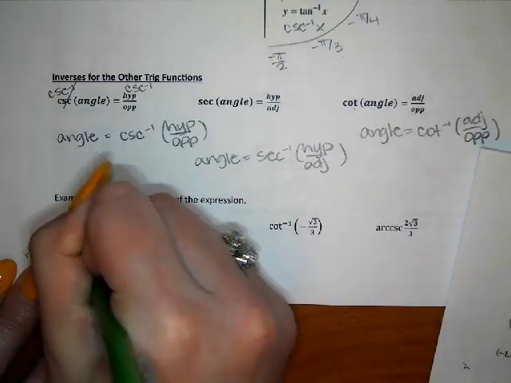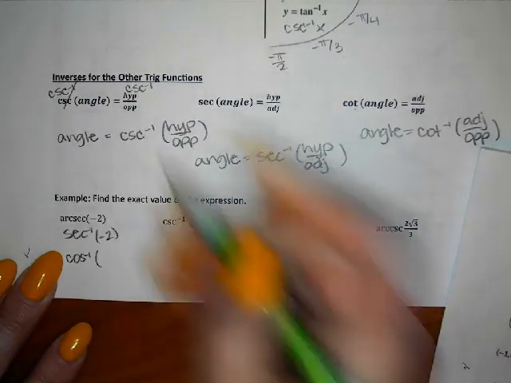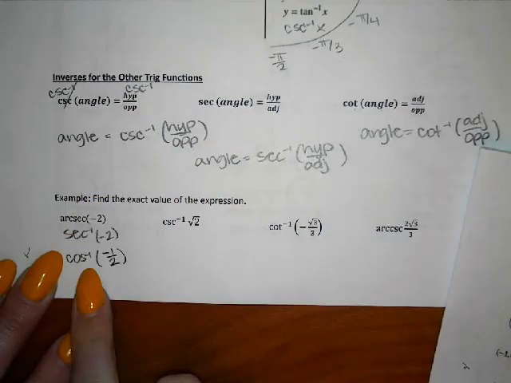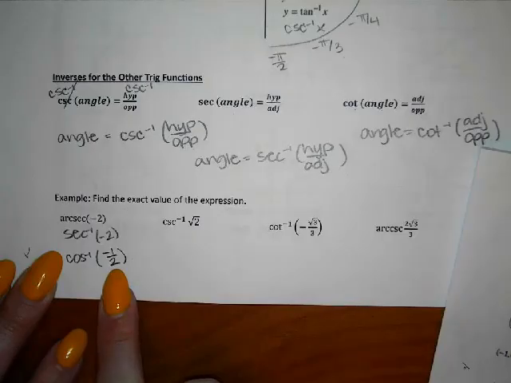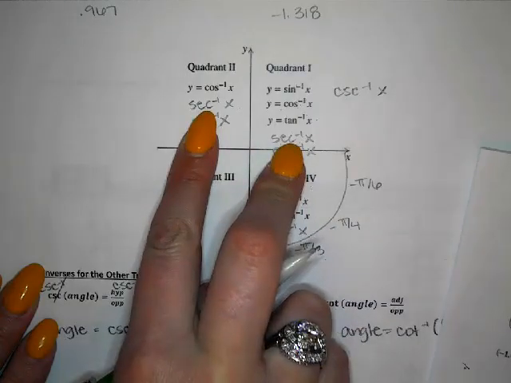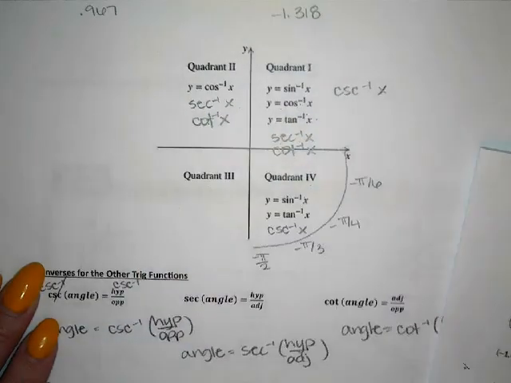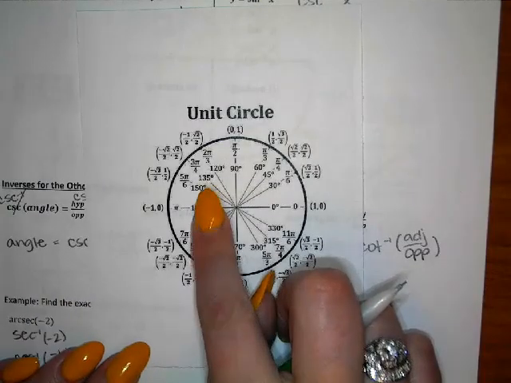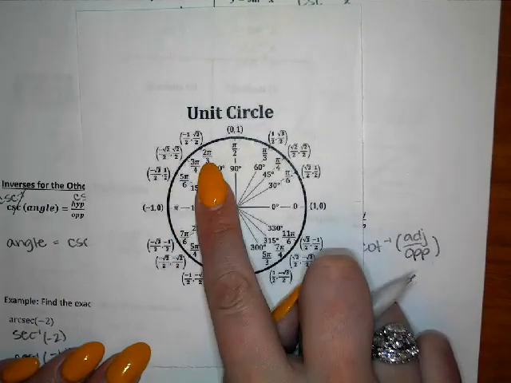So what I can really think of is the reciprocal of -2, which would be -1/2, and I would be asking myself where on the unit circle is there an x coordinate that's -1/2, and specifically I'm looking at quadrants 1 and 2. So for secant inverse, I can look at quadrants 1 and 2. I'm looking for a -1/2, that's right here, and so my answer would be 2π/3.